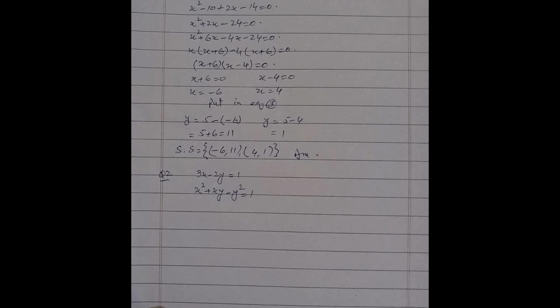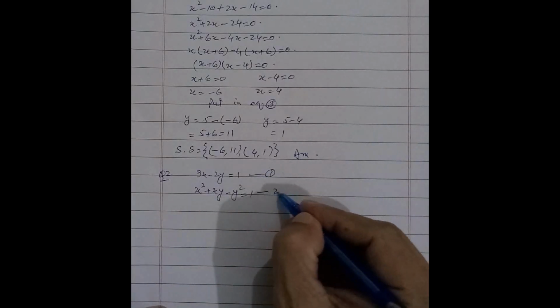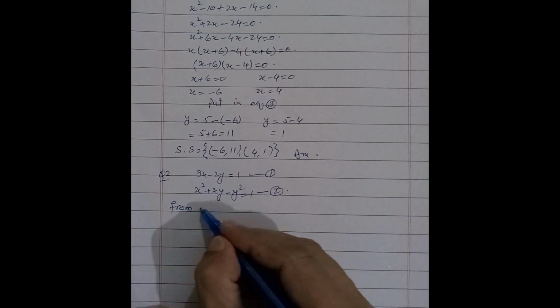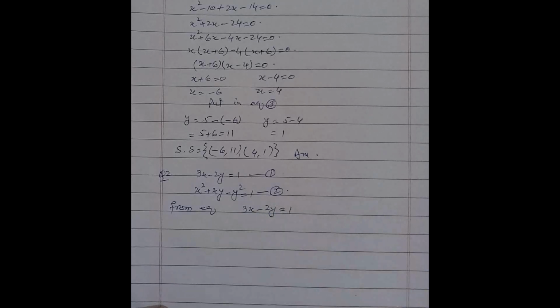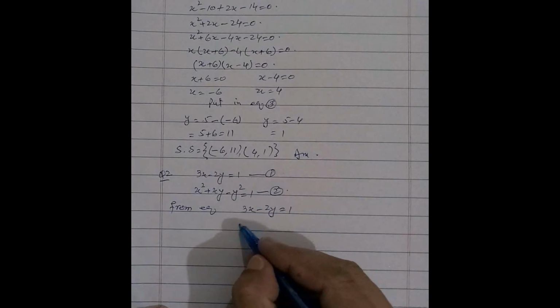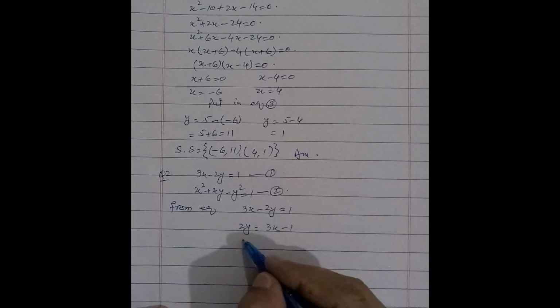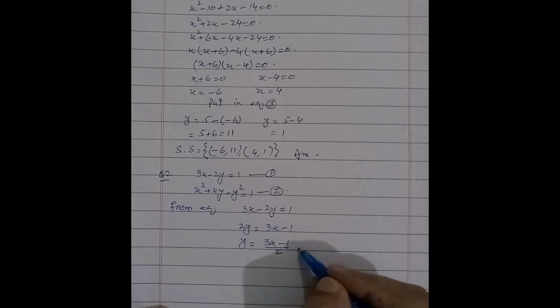In the same way, we take the value of y from 1, it is equation 1, and it is equation 2. From 1, 3x minus 2y is equal to 1, and we get 2y is equal to 3x minus 1 and y is equal to 3x minus 1 over 2.